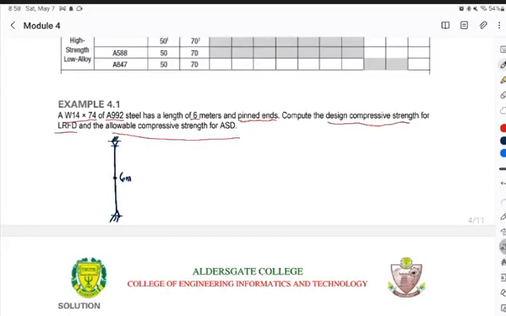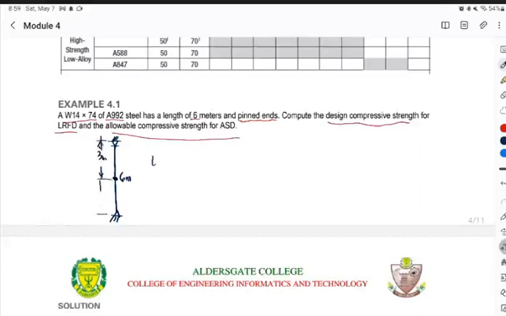So, for example, dito, may stiffener dyan. So that the effective length now for such case ay mahati. Kumbaga, kung may stiffener along the weak axis, I sub y, doon sa gitna, then this is 3 meters na lang.